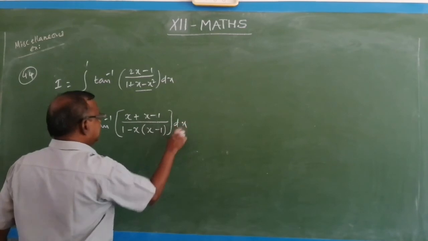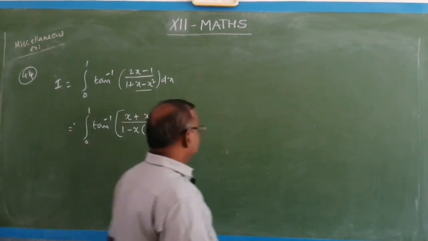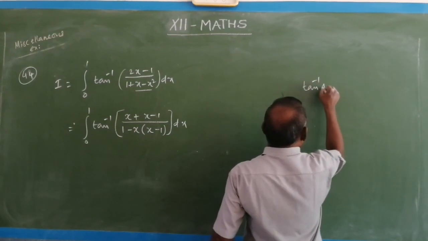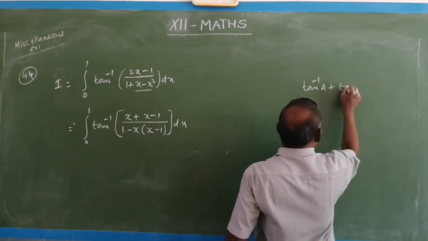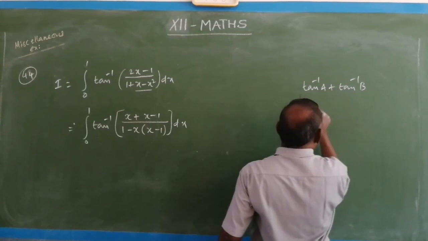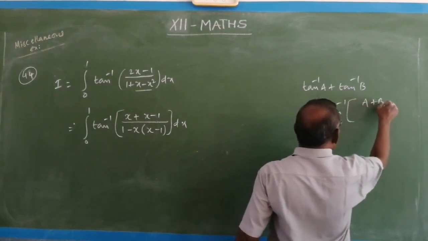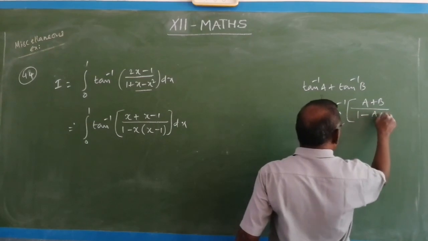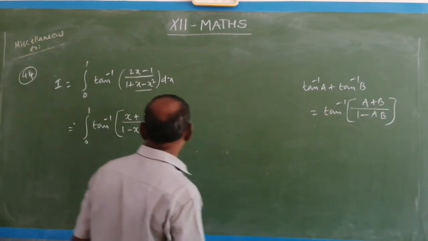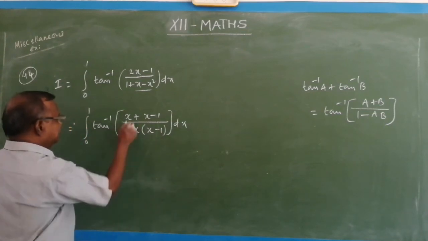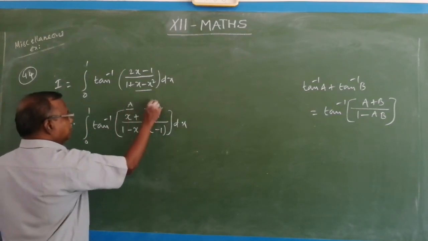Now we have one formula, the trigonometric identity: tan inverse of a plus tan inverse of b is equal to tan inverse of a plus b divided by 1 minus ab. So this is in the form of tan inverse of a plus b divided by 1 minus ab. Take this as a, this part as b.